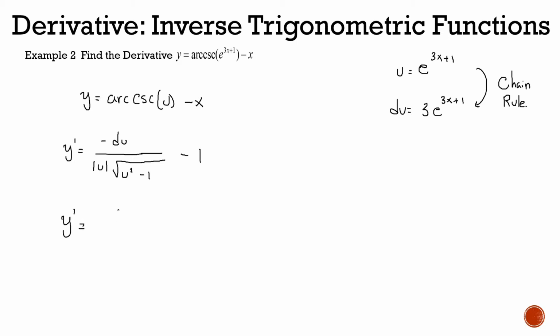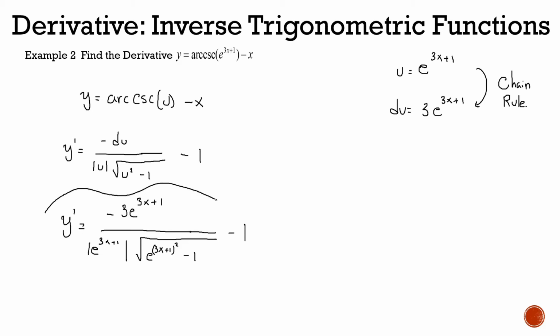So y prime is equal to negative 3 times e to the 3x plus 1 power over absolute value of e to the 3x plus 1 power times square root of e to the 3x plus 1 to the second power minus 1, and subtracting the entire fraction. And here is our derivative.